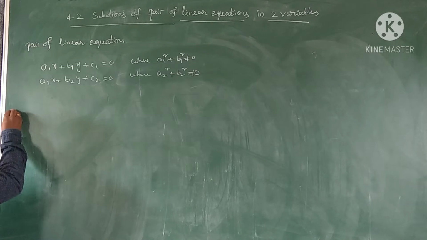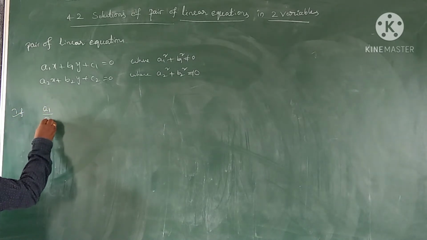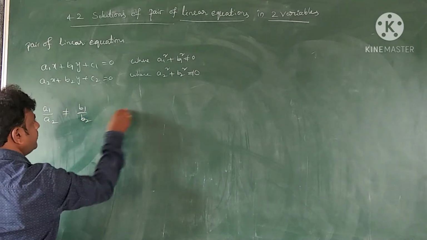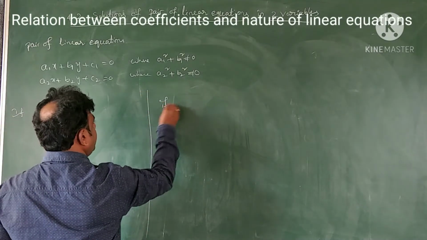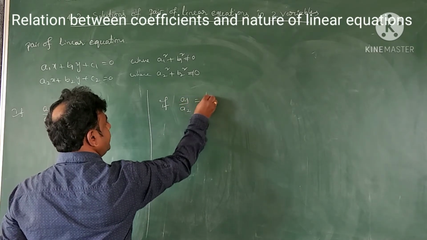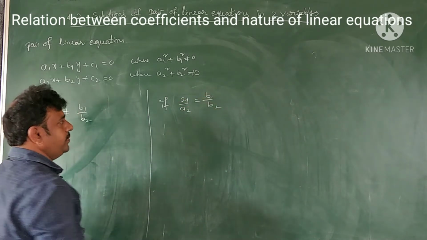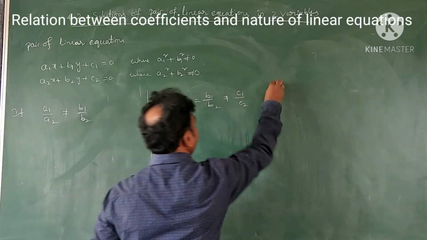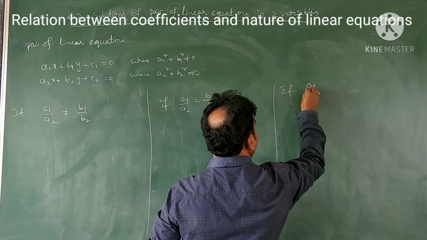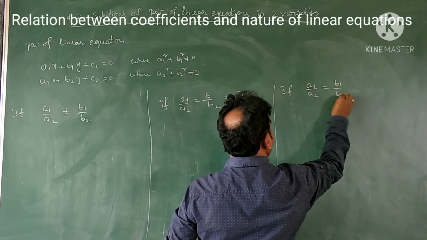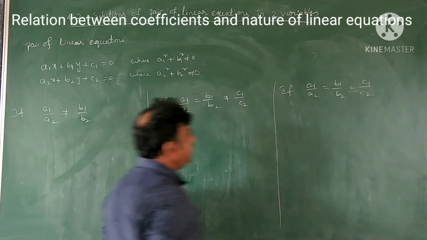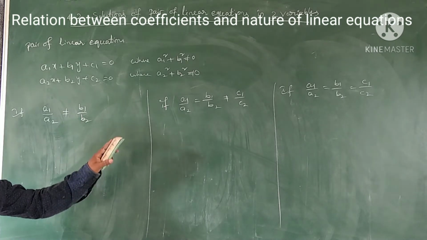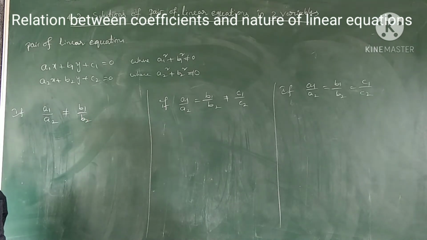First, we compare a1/a2 not equal to b1/b2. If a1/a2 equal to b1/b2, then it is not equal to c1/c2 is one condition. If a1/a2 equal to b1/b2 equal to c1/c2. These three are comparisons of coefficients of a pair of linear equations.